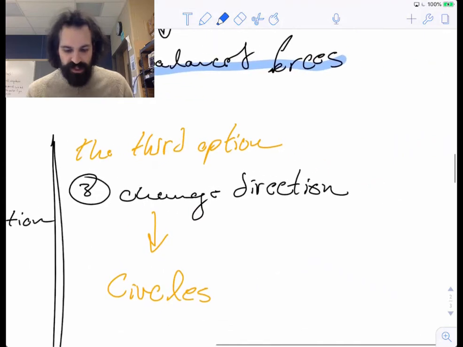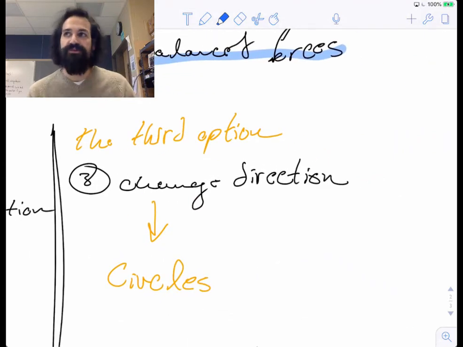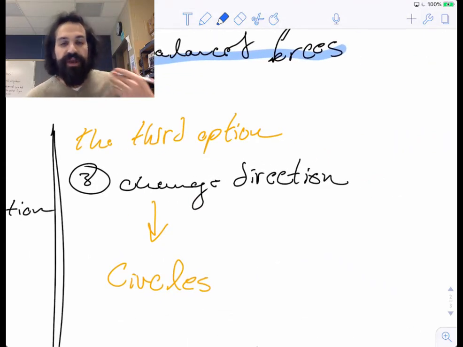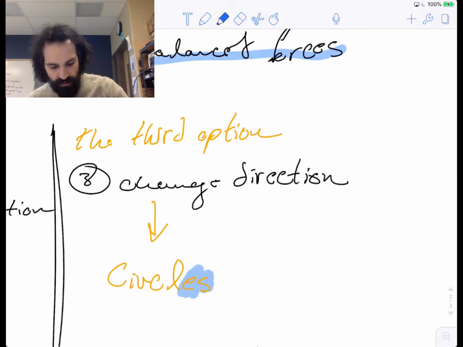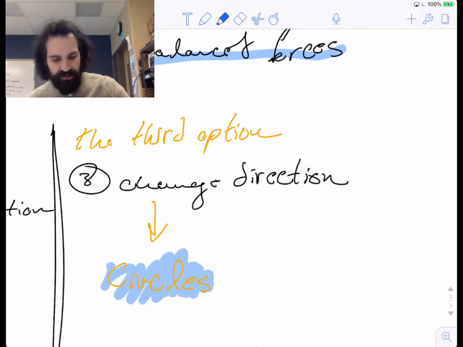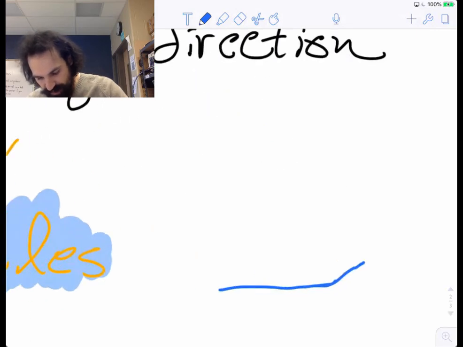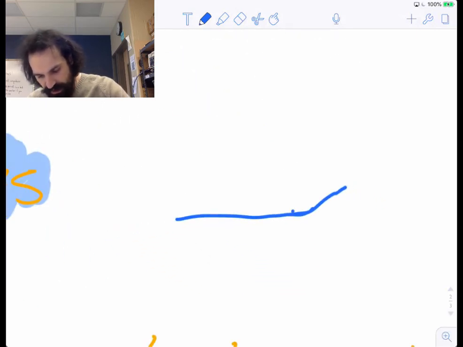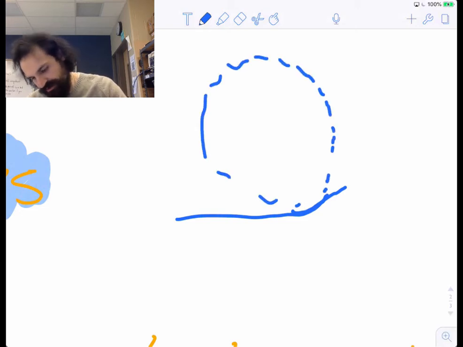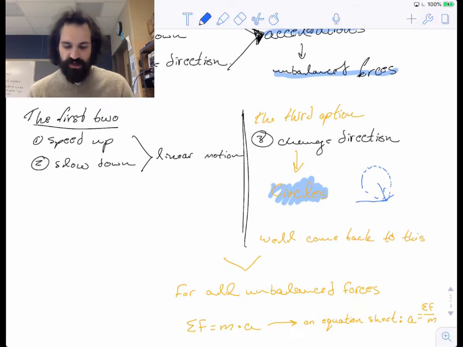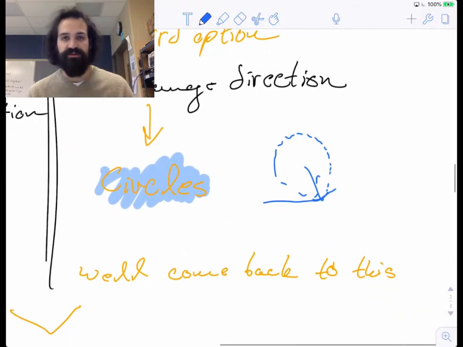Changing direction is the other situation. It's no longer linear. Now we're yielding circles, or at least part of a circle. Anytime you turn, even if it's a little bit, if you zoom in on that, you're going to see a small arc that could be turned into a full circle of radius r. Every turn is part of a circle.